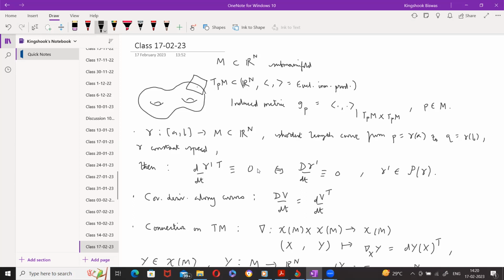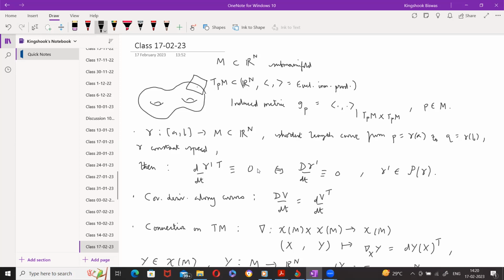Now what we're going to do is in a general Riemannian manifold, we will look at curves which satisfy this equation. The covariant derivative of gamma prime is 0. Okay, this covariant derivative of gamma prime, you think of this as the acceleration of the curve.